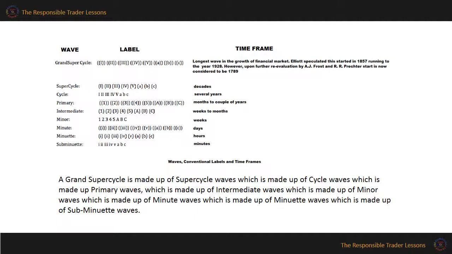So we have the supercycle, time frame decades, cycle several years, primary months to a couple of years, intermediate weeks to months, minor weeks, minute days, minuet hours, and subminuet minutes.